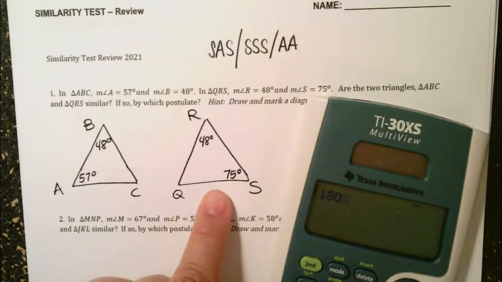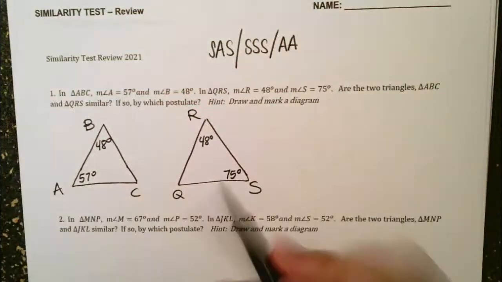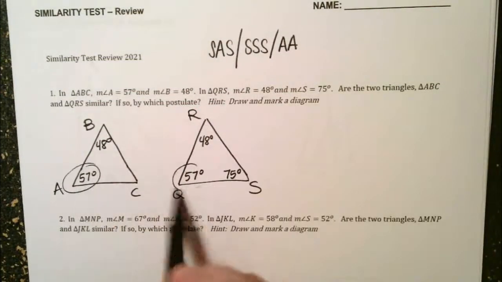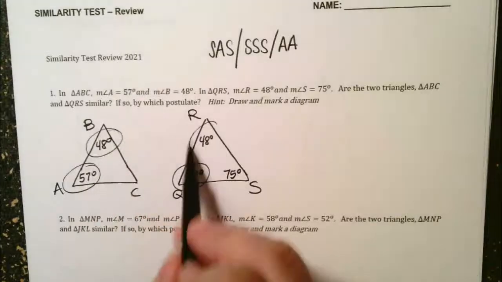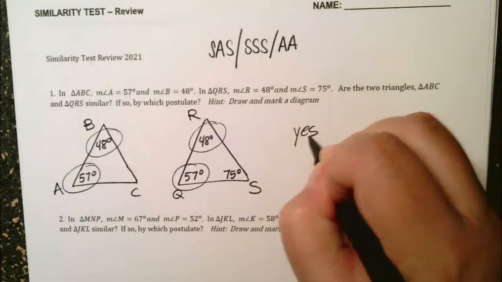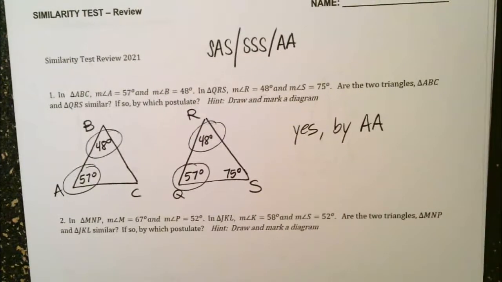I know that all three angles add up to 180. So 180 minus 48 minus 75 tells me my missing angle would be 57. And then, yep, I have one pair of angles congruent and another pair of angles congruent. That's two pairs of angles congruent. So by angle-angle similarity postulate, those two triangles are similar.